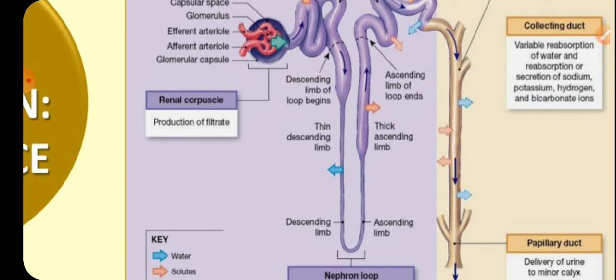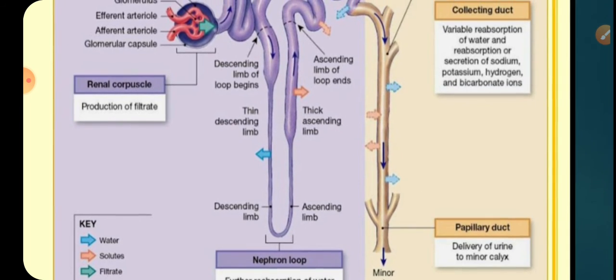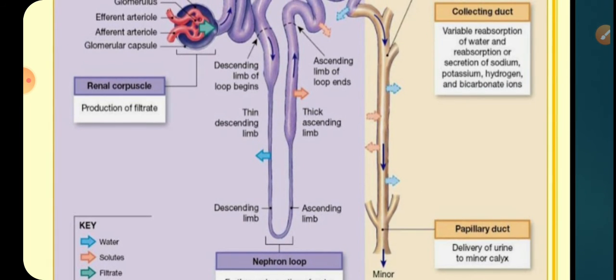This concentrates the filtrate. After that, the ascending limb is impermeable to water but allows transport of electrolytes, so the filtrate gets diluted.